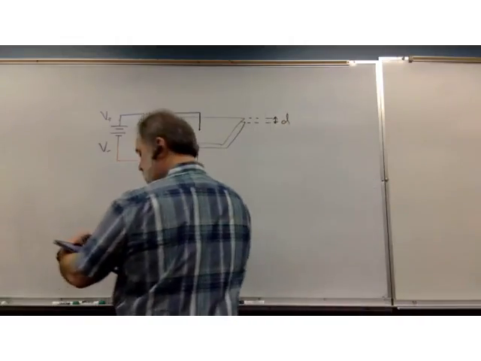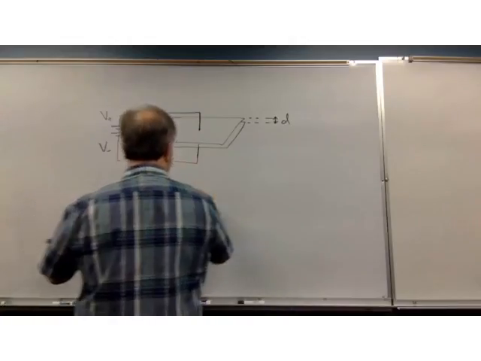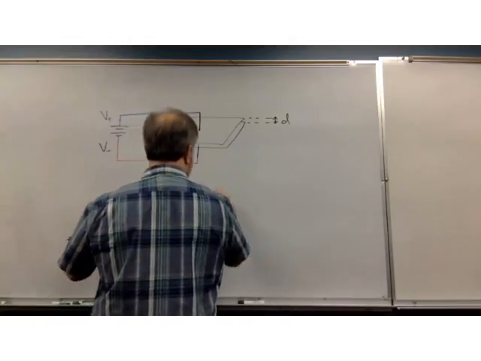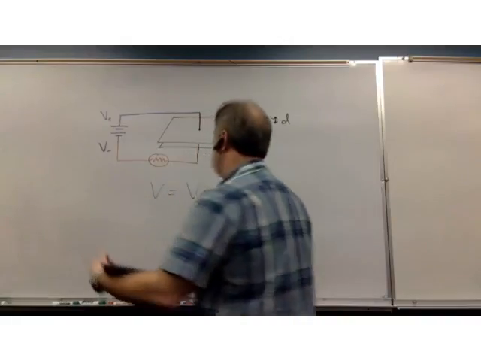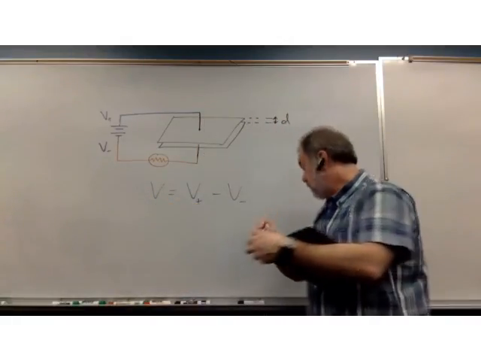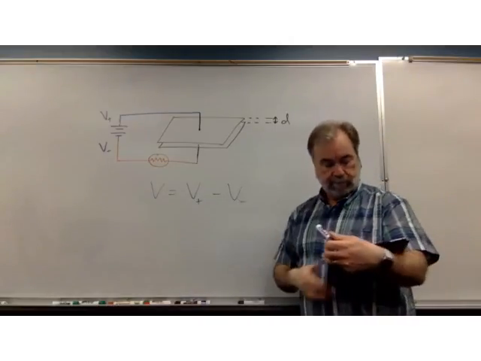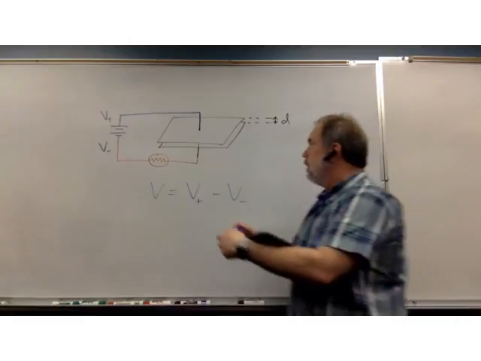And the potential difference between them is V positive minus V negative. So this V here is just the potential difference between the top plate and the bottom plate. And of course that's how you calculate it, the one potential minus the other potential.